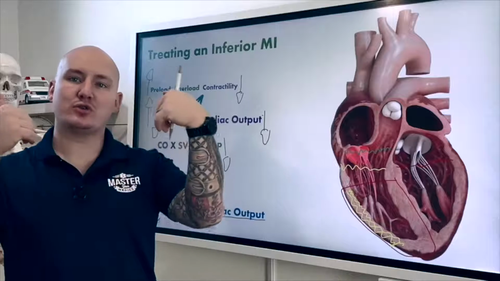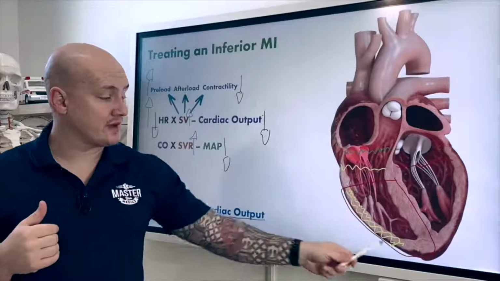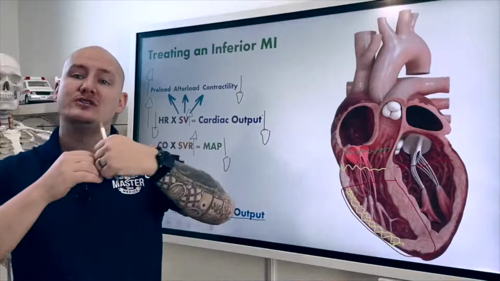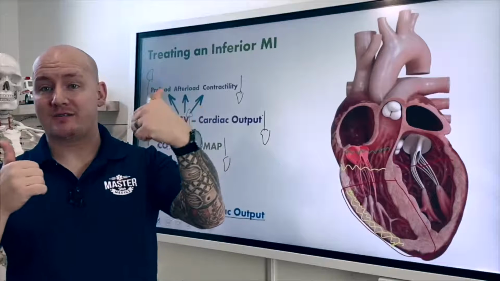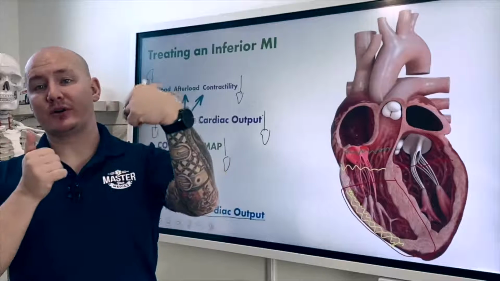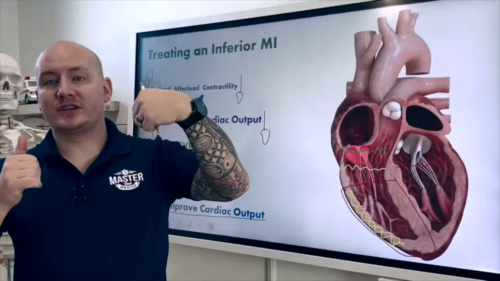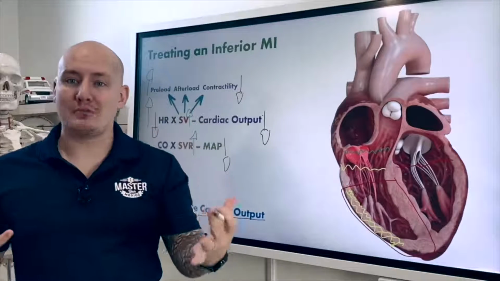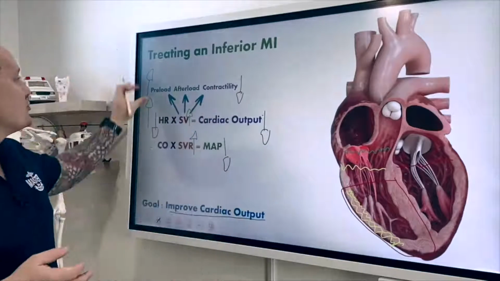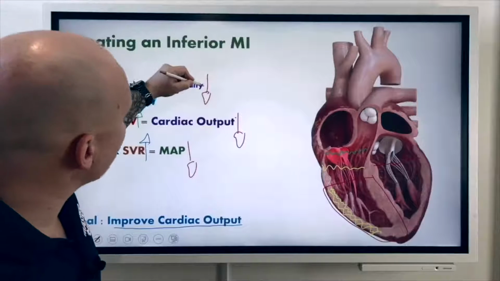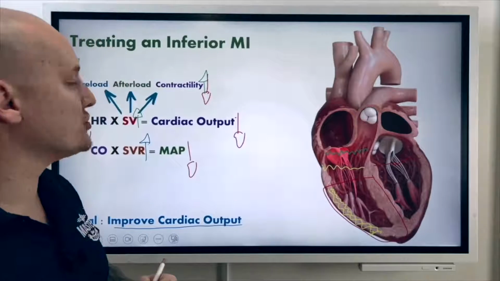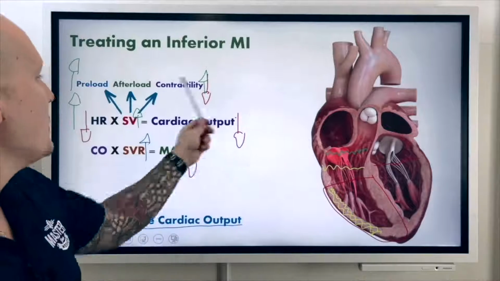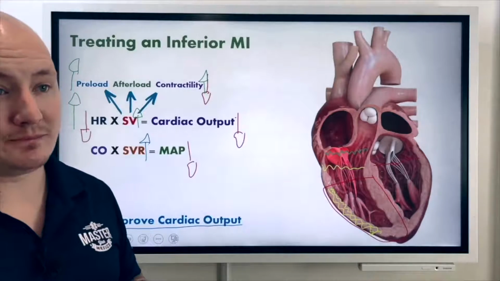And when we stretch out good myocytes, even though we have some dead, infarcted ones, we do have some good ones in that ventricle. When we stretch them out a little bit more, they actually have a rebound effect and create more contractility. So by introducing more preload, we're going to marginally improve contractility as well, which hopefully will start to have an impact on cardiac output.